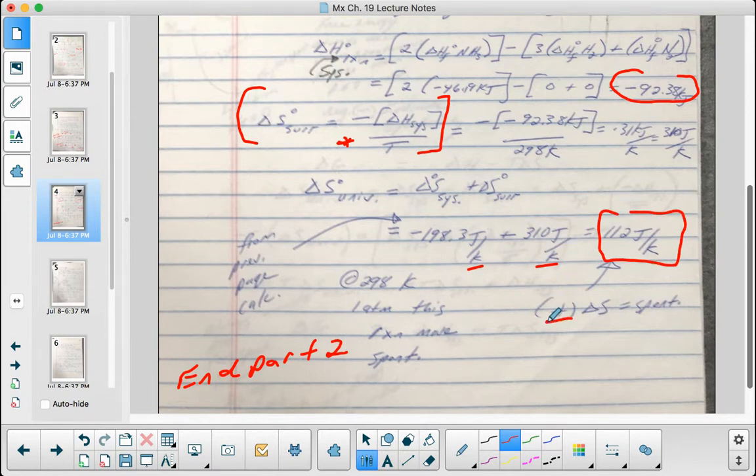I see a positive delta S. That means that this process is spontaneous because the delta S of the universe, that's the ultimate determining factor here, that value is positive.